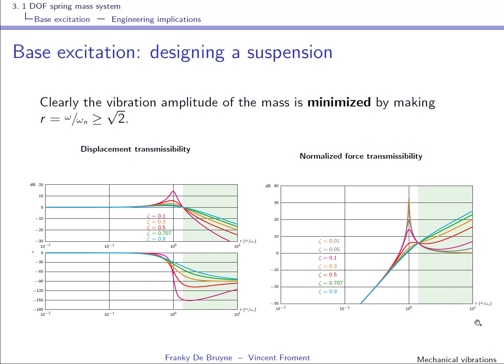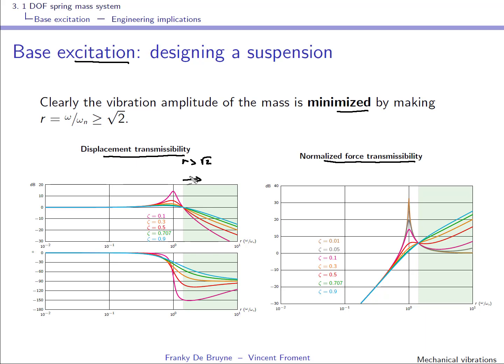Well, this is a summary of what we have seen in the case of base excitation. On the left you have the displacement transmissibility, and here the normalized force transmissibility. You clearly see that the amplitude of the mass is minimized if you're working in this region with R larger than square root of 2.